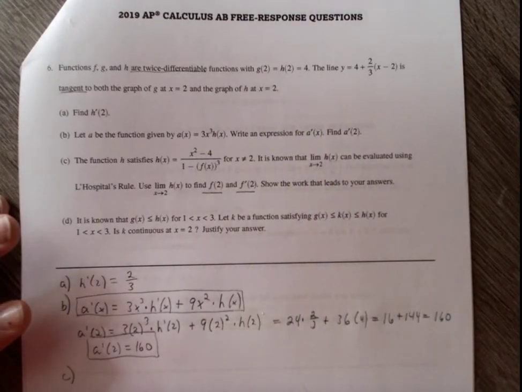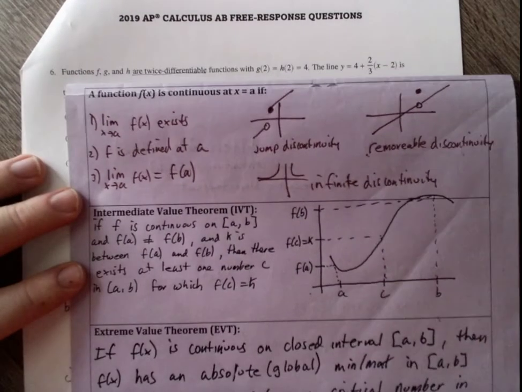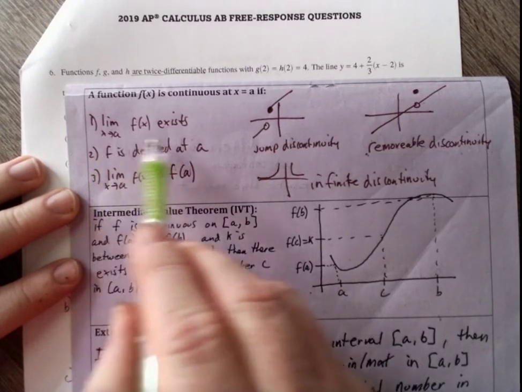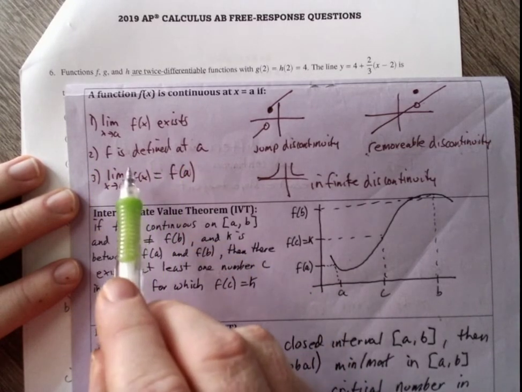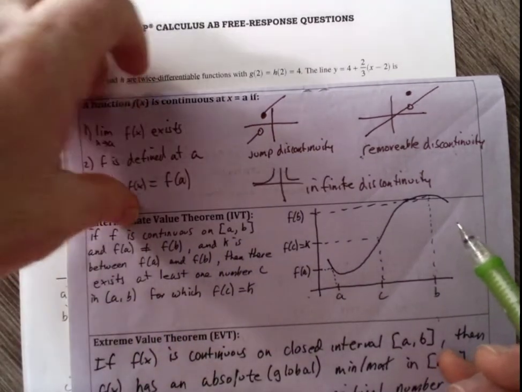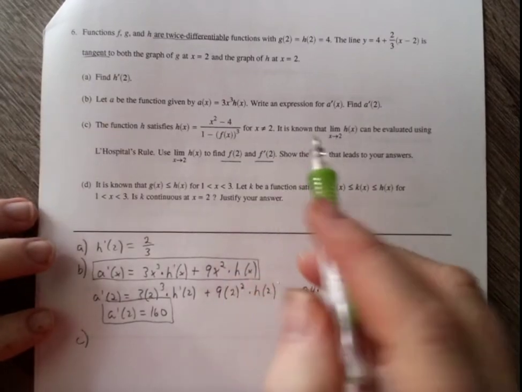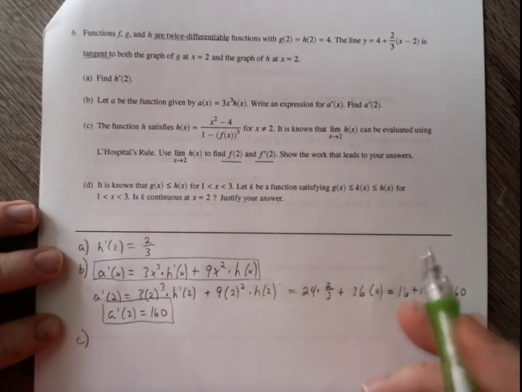And that continuity means something. If you go back into your foldable, when you want to talk about a function being continuous, the limit has to exist, f is defined at that point, and the limit equals the point. So we know that it is continuous.